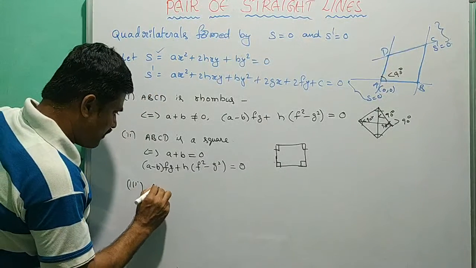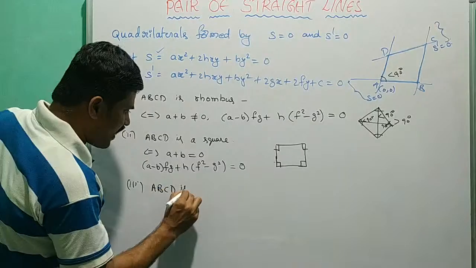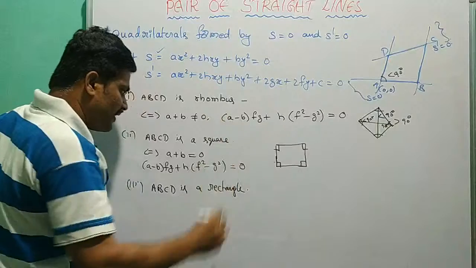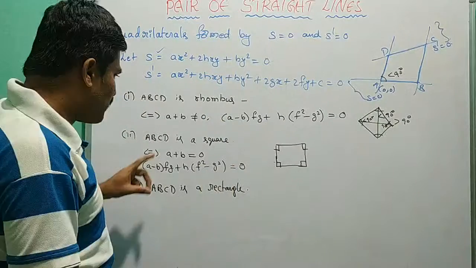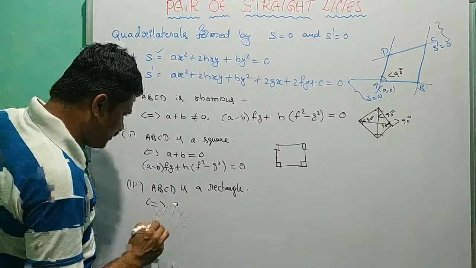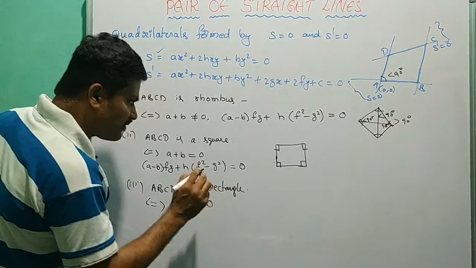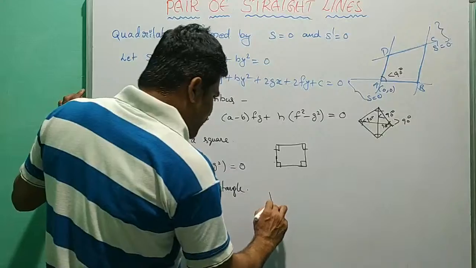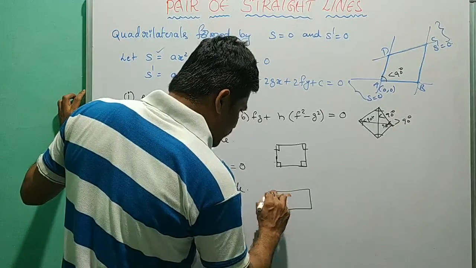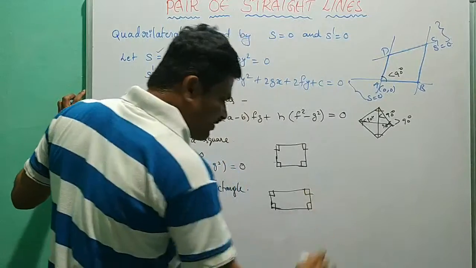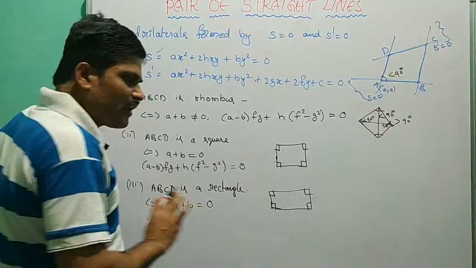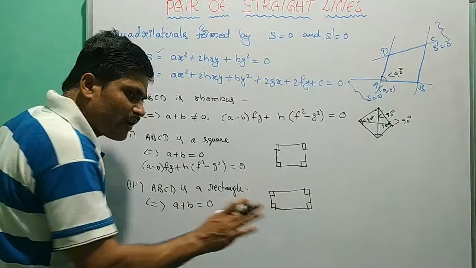One, ABCD is a rectangle. Here also we have to observe the first condition, a plus b equal to 0. The angle between any two adjacent sides is always 90 degrees, but only opposite sides are equal.